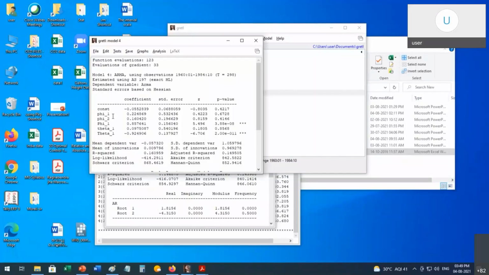So we will write ARIMA within brackets 2, 0, 1, then close the bracket, then the seasonal one within another bracket, 1, 0, 1. Yes, that is how we write it.